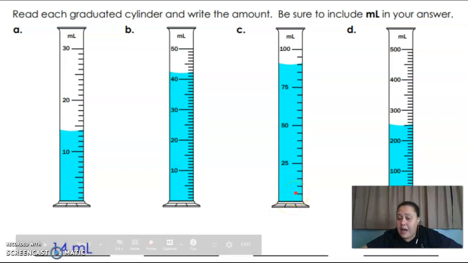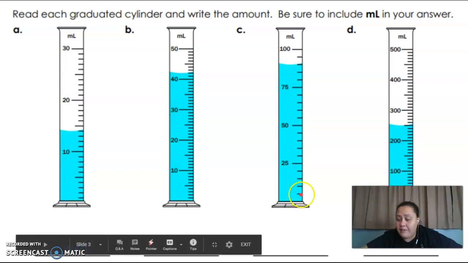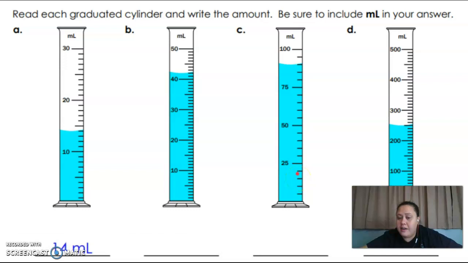Well, if this were 5, this would be 5, 10, 15, 20, 25. So right now my theory is correct. Let me just double check by counting up to 50 in my 5s. So if this is 25, this is 30, 35, 40, 45, and 50.